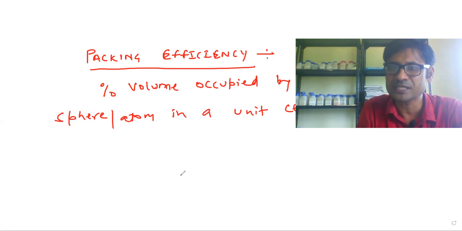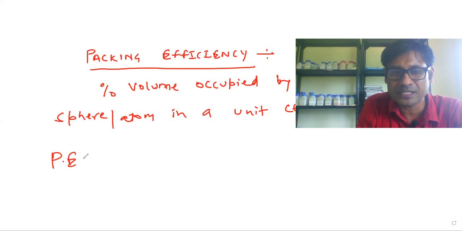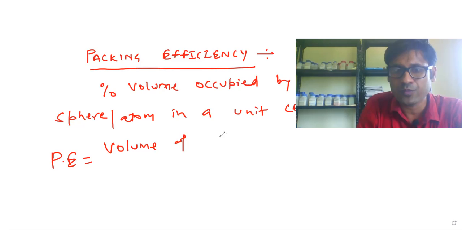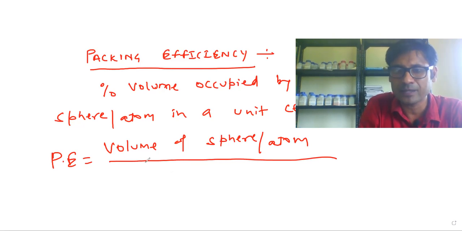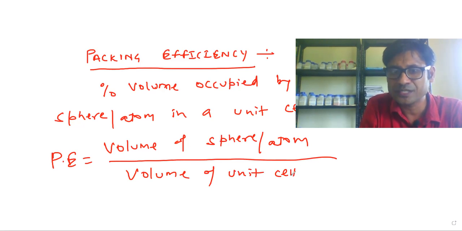Packing efficiency is the percentage of the volume of the unit cell that is occupied. The formula of packing efficiency is equal to volume of sphere or atom divided by volume of unit cell.